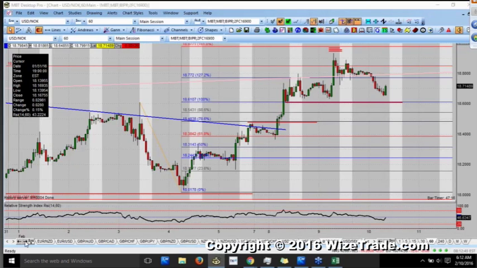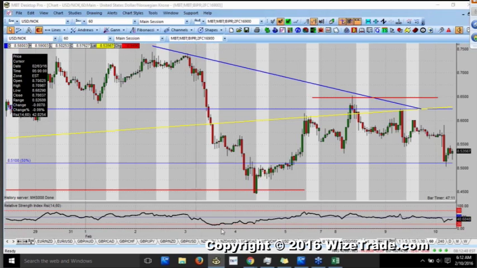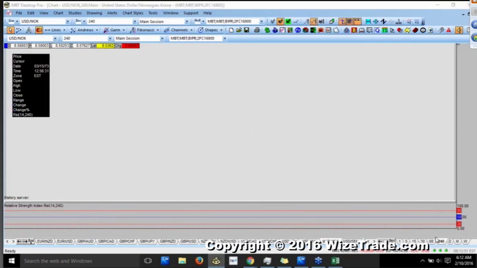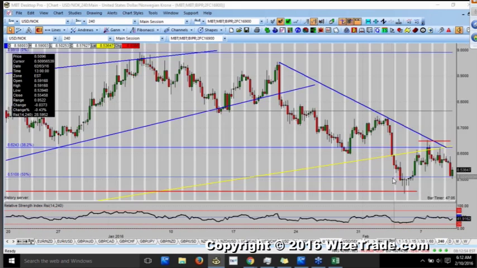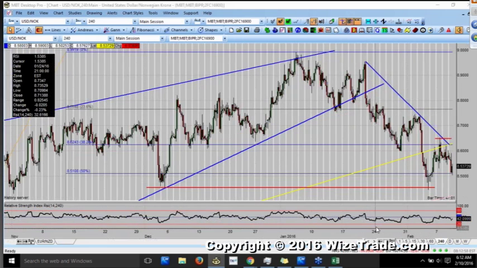Okay, let's take a look at the Norwegian Krona. This is a narrow range too. We are narrowing into this range, so it's right here.